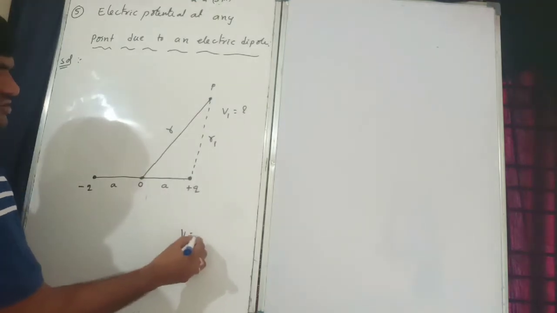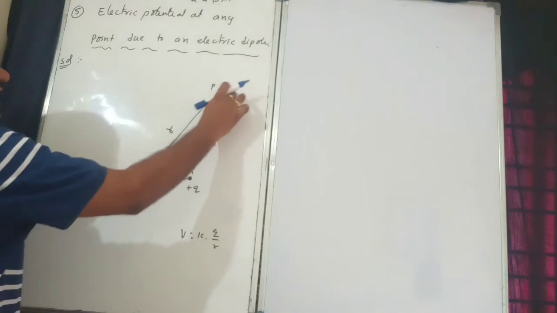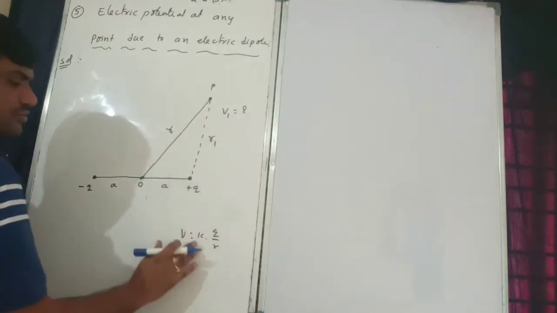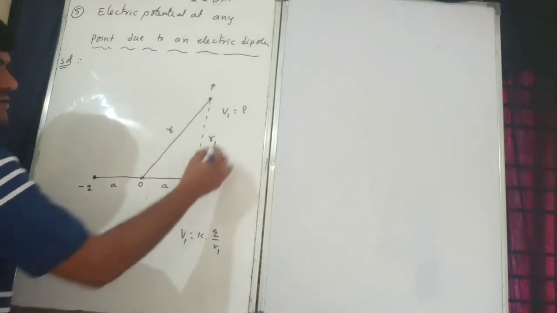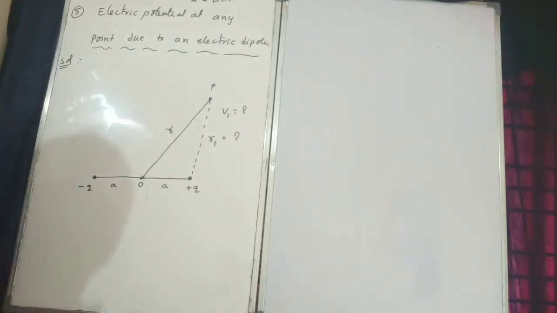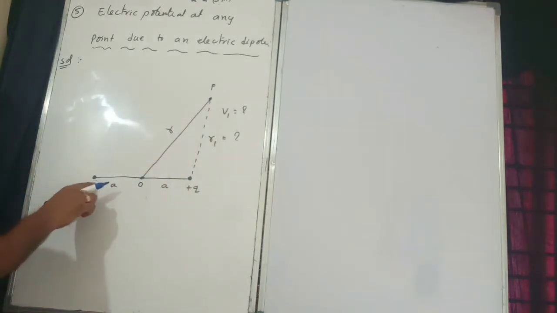Why? Because V is equal to kQ by r1 in the formula. So here I want the potential V1 due to plus Q. V1 is equal to kQ by r1 distance, but the r1 value I don't know. You can calculate it. Similarly, the potential at point P due to minus Q.